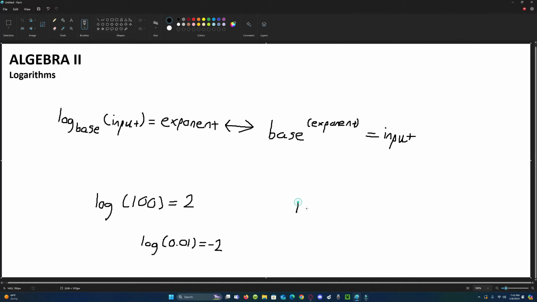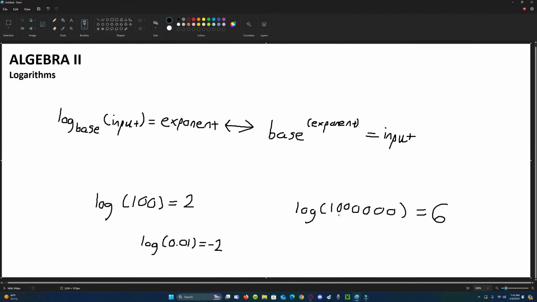You can go up as well, like, say, the log of 1 million. If you really wanted to do that, the log of 1 million is equal to 6. So basically, with all these numbers, if there's no base, and the base is 10, all you do is count the number of zeros, and you get the answer.